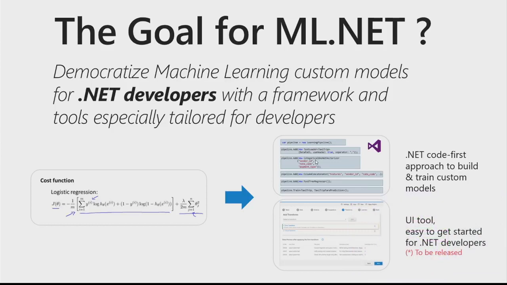So the difference is that we are targeting .NET developers with ML.NET, either for training models, and this democratization is based on code, APIs, but also on a UI tool that we will be releasing soon.